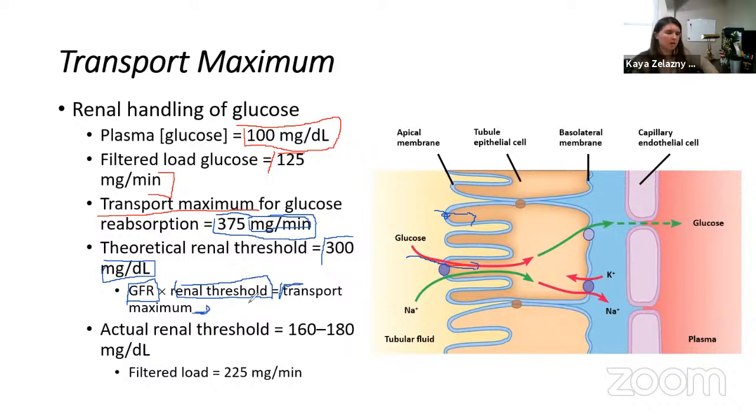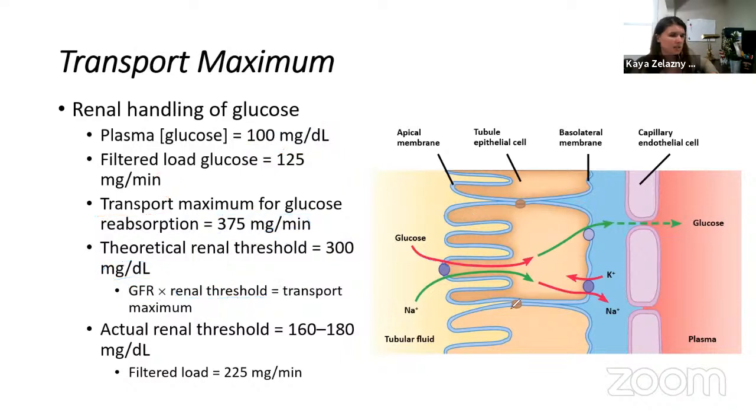Okay. Now the actual renal threshold is lower than this. And that's because of this fact that as we start to fill up, as we start to saturate those carriers, it becomes more and more difficult for glucose to find a carrier that's open as it's rushing past.